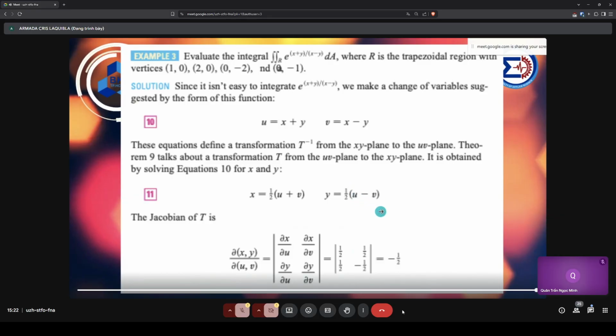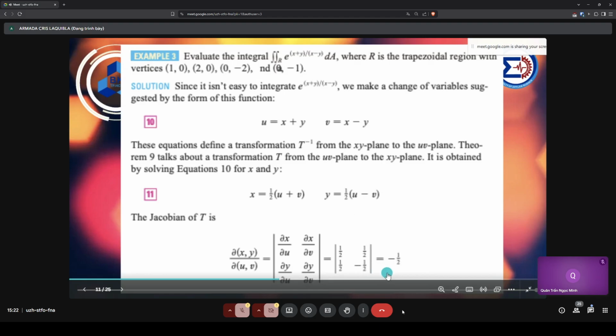And we have minus v there times 1/2, it's minus 1/2 v. Derivative with respect to v is negative 1/2. Now multiplying 1/2 and negative 1/2, you have negative 1/4. Minus 1/2 times 1/2 here is also negative 1/4. So negative 1/4 minus negative 1/4 is negative 1/2. So this is now your Jacobian of t.